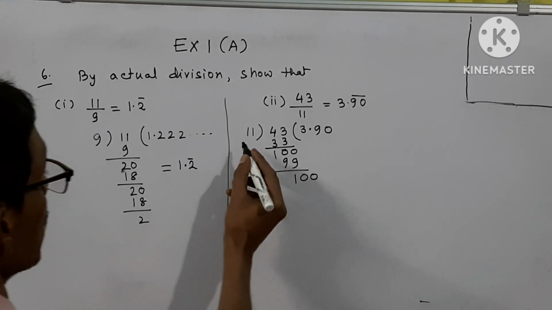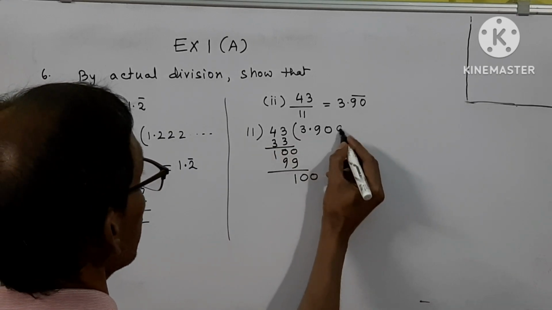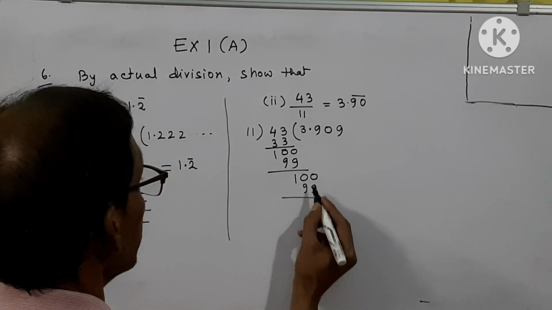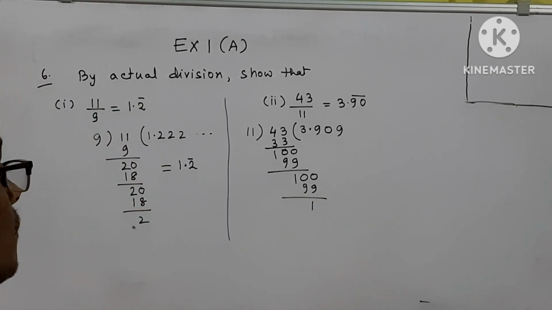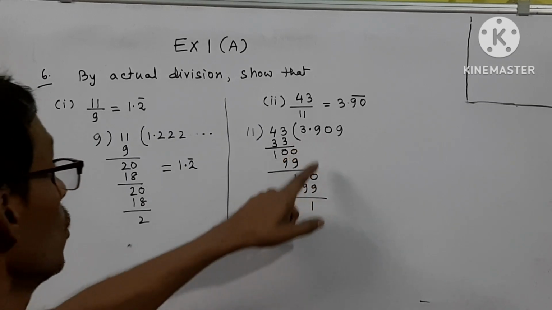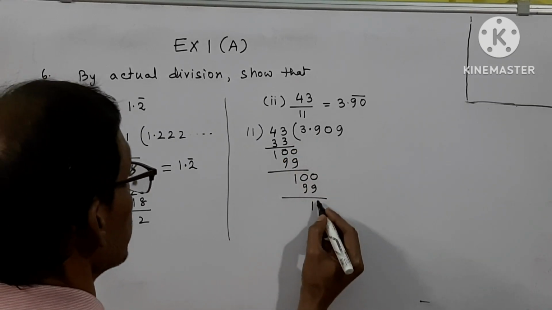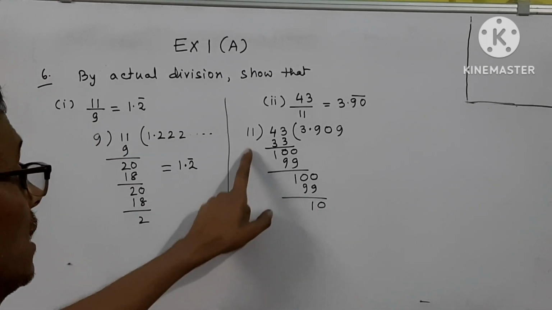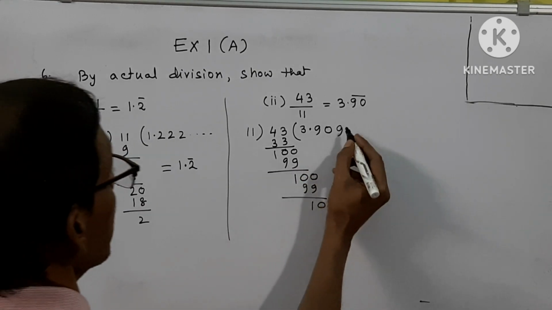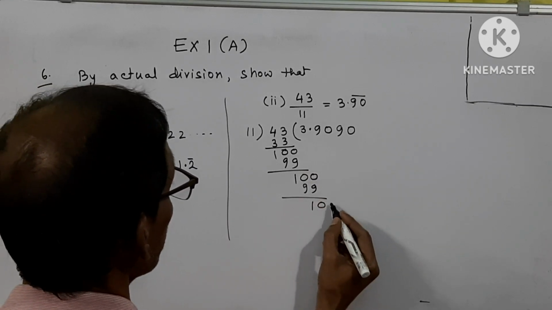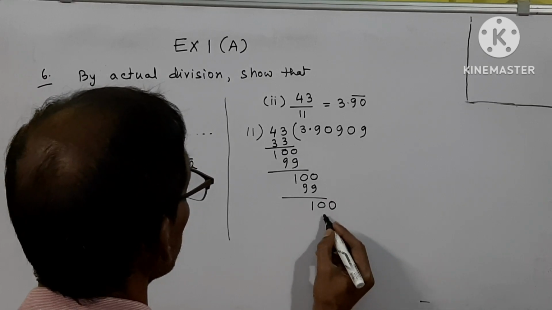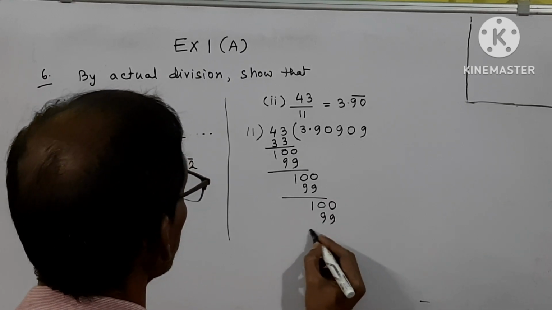Now you can do 9 11s are 99. Again remainder is 1. 1 0 you can bring because the decimal is there, but still it is less than 11, so you have to put again 0 in the quotient and 0 here, and then 9 11s are 99.